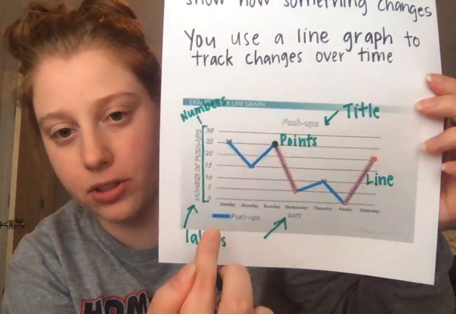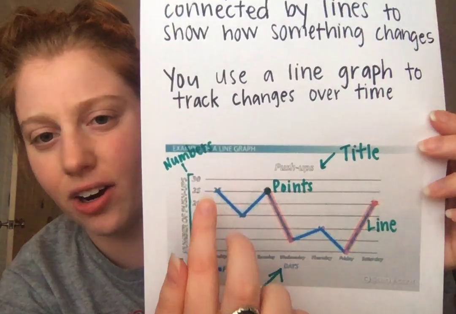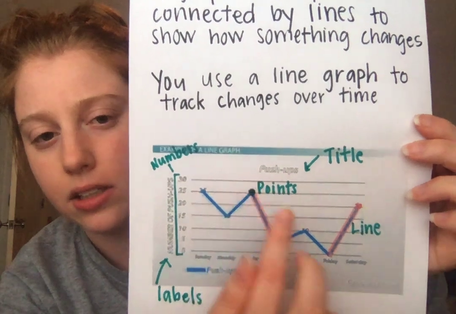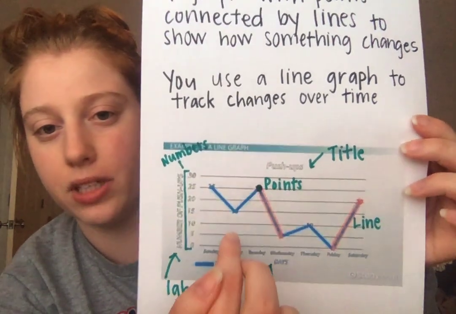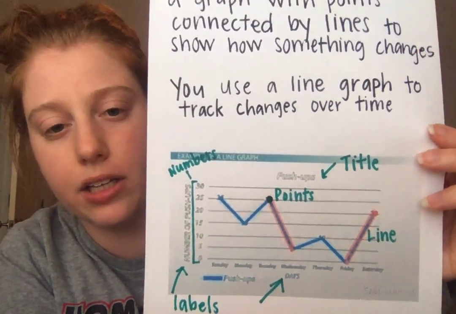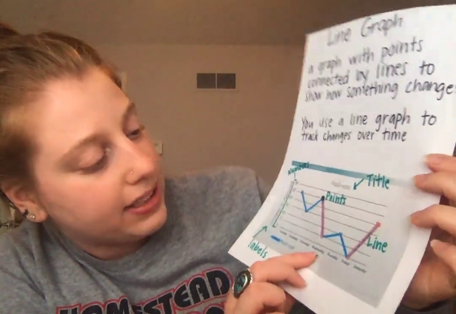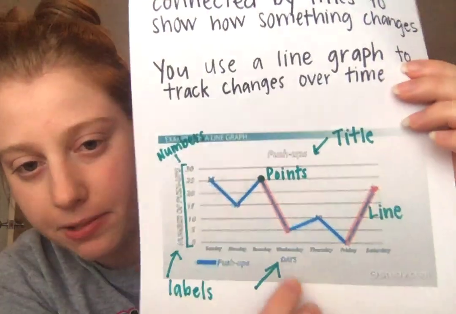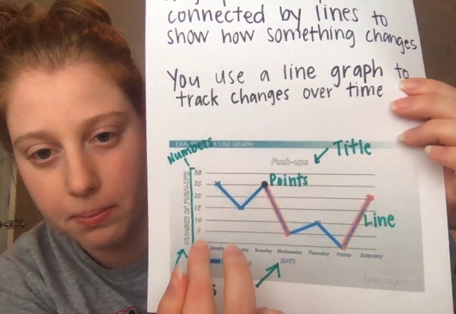We have our numbers over here, which is really our number of push-ups. And then on our graph, we have points, and we have the line that connects the points. So if we were to look and see how many push-ups were done on Wednesday, we would find Wednesday, find the point that's above Wednesday, and go over to the number.